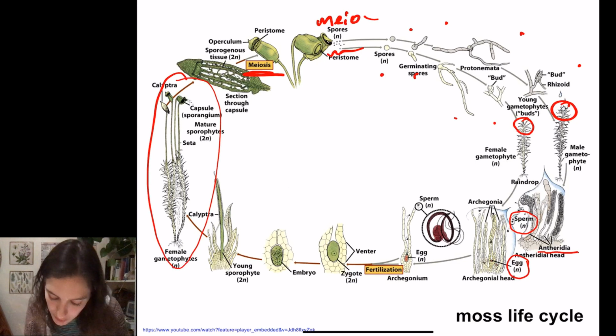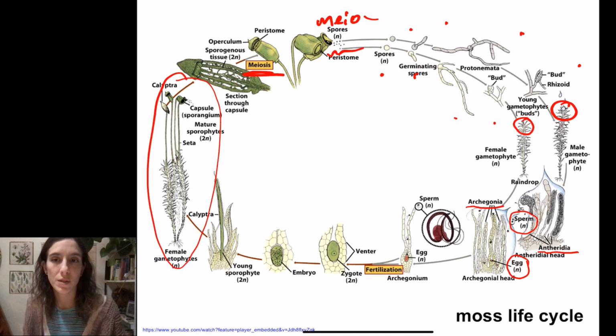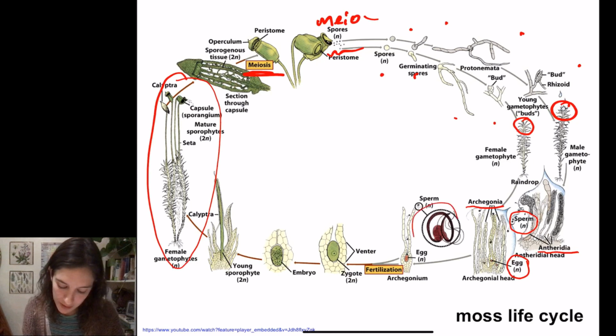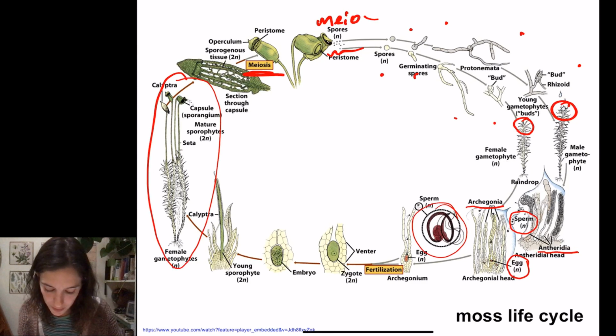And similarly, archegonia, or archegonium, is the structure that produces the female gamete. In other words, the structure that produces an egg. The sperm cells are all crazy looking in mosses, as you can see in this picture.